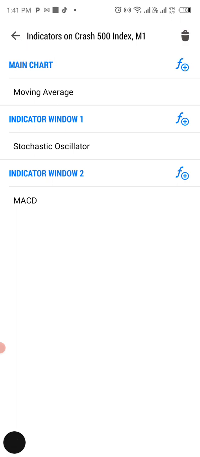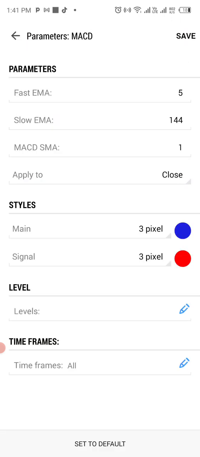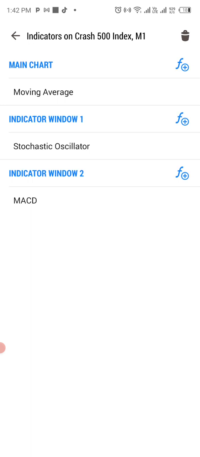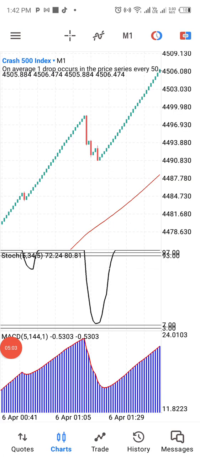The last one is MACD. Here I apply fast EMA 5, slow EMA 144, and MACD 1. Once you are done, let's now go back to the chart to understand how we place our trade.